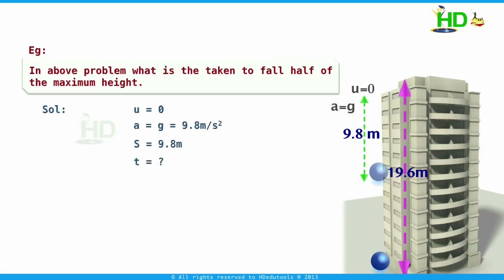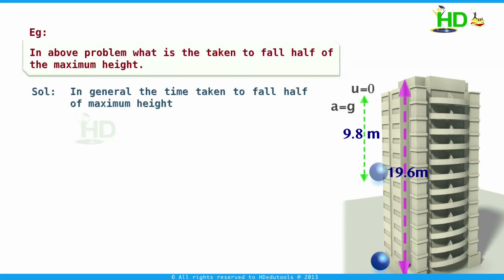To find time, again we take the equation s is equal to ut plus half at square. 9.8 equals 1 by 2 into 9.8 into t square. We are getting t equals root 2 seconds. One thing you observe, it is not 1 second, it is root 2 seconds.